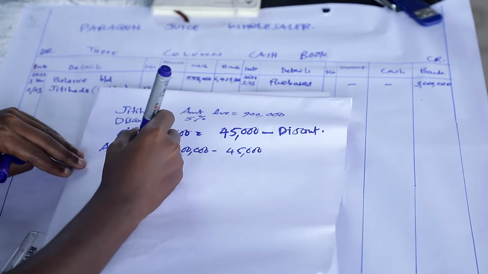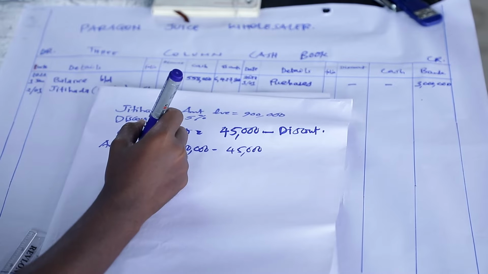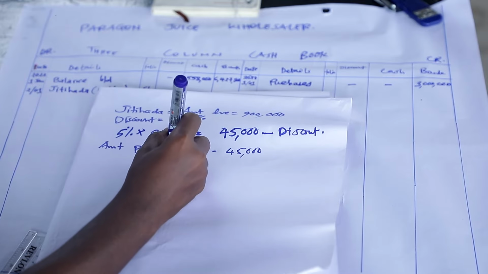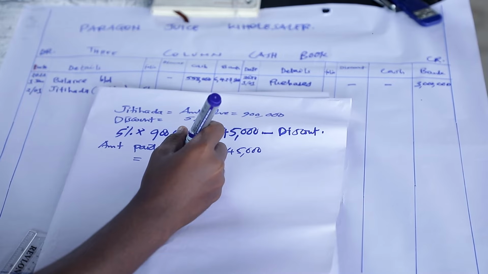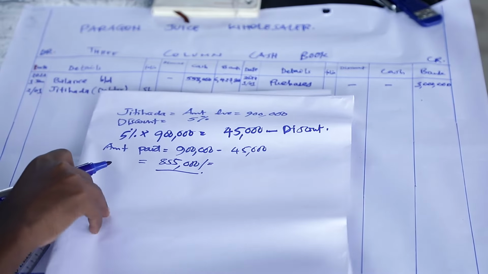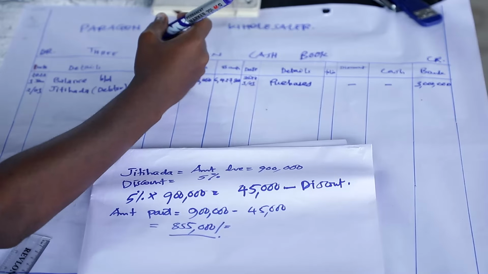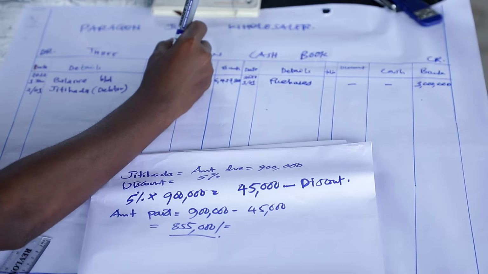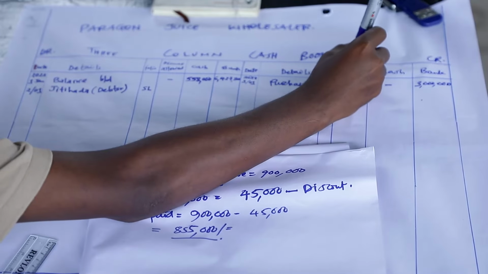So Jitihada only paid, and by finding the difference you get 855,000. So this is the amount that Jitihada paid. Remember this: here is the discount allowed, where you can write discount allowed, while here is the discount received.